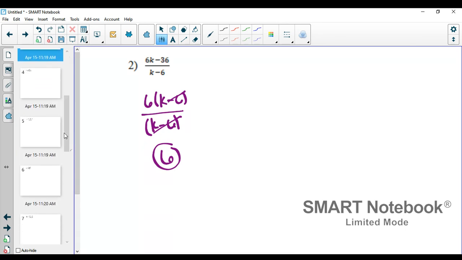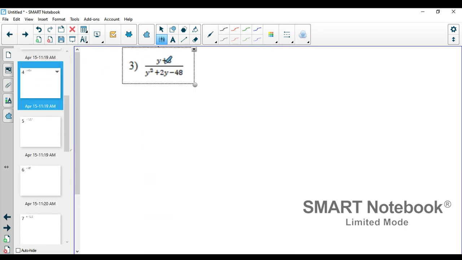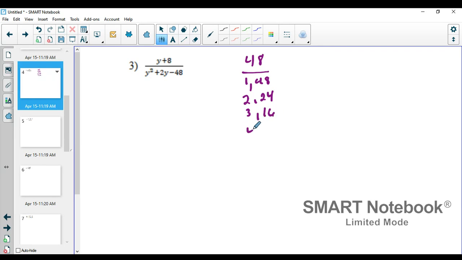So moving on to number 3. We have y plus 8 over y squared plus 2y minus 48. All right, so we have to factor this denominator. So we need the factors of 48. So we have 1 and 48, 2 and 24, 3 and 16, 4 and 12, and 6 and 8.